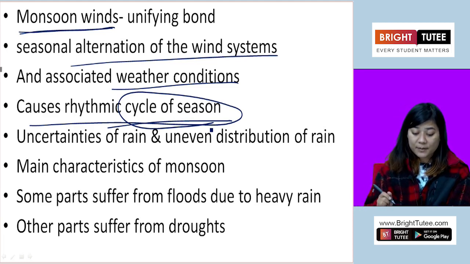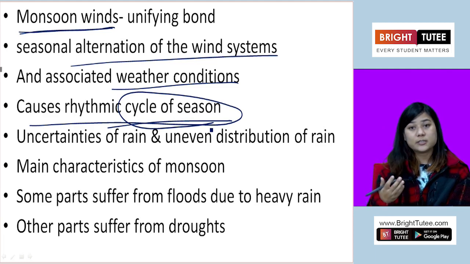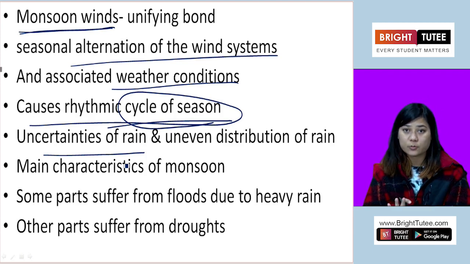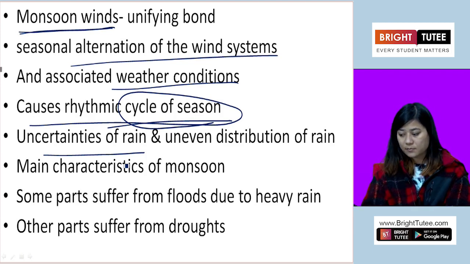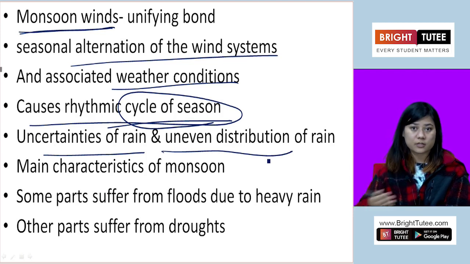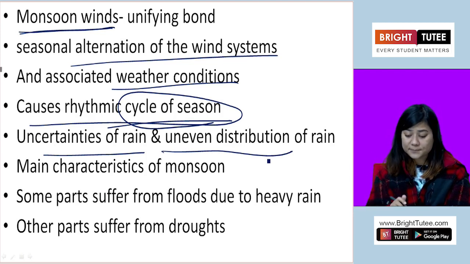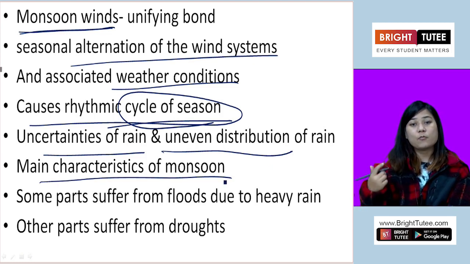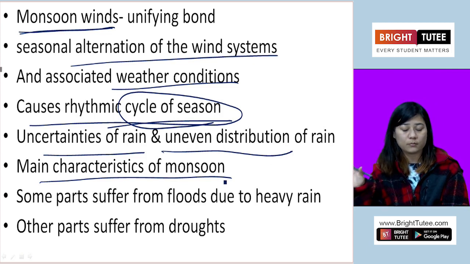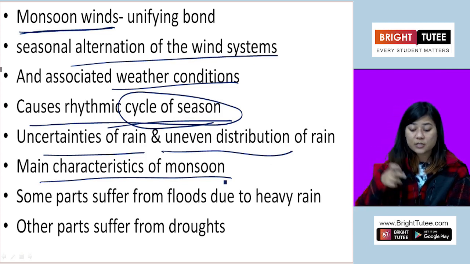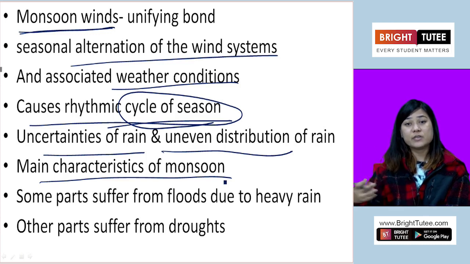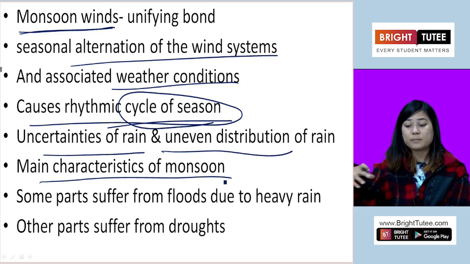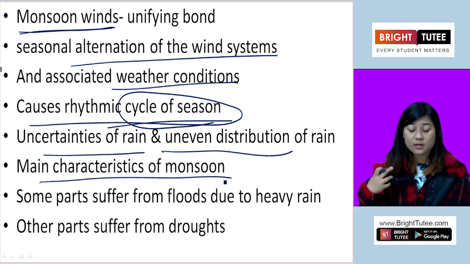Okay. But despite that, there are uncertainties of the rain. We saw the distribution is not equal. The pattern is not the same. So the distribution is uneven and the pattern different. But these are the main characteristics of monsoon. These are what make the monsoon the monsoon. So the monsoon has its unique characteristics, but at the same time it is the only thing which binds or unifies the country.